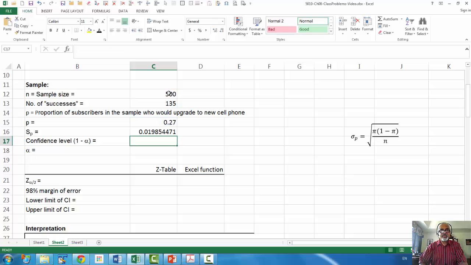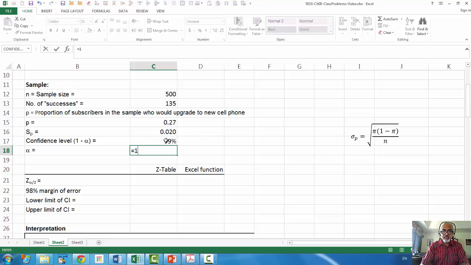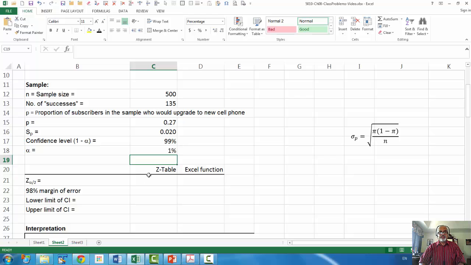So that will give us the standard error. Now we want a 99% confidence interval. So let's put 99% there. So alpha is 1 minus that 99%.